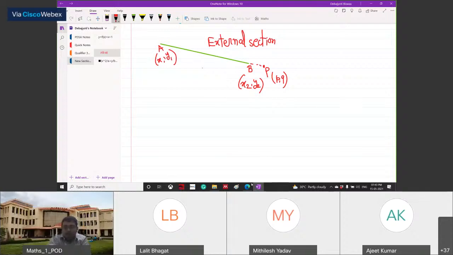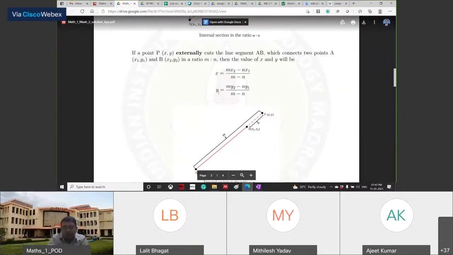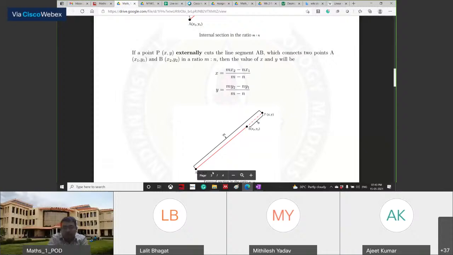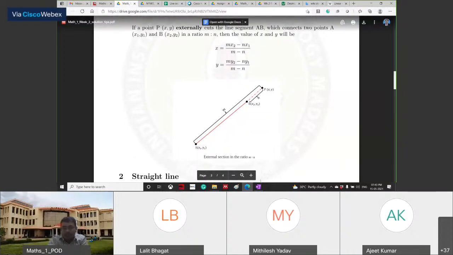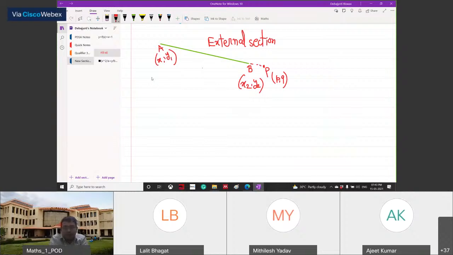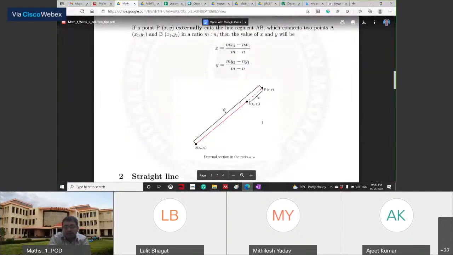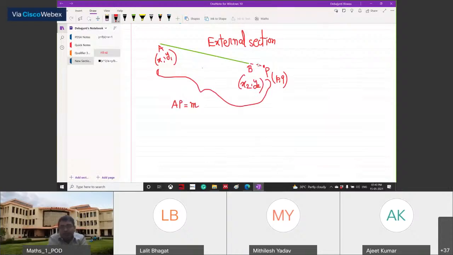So what happens there? There we have a different formula. So if one portion is m and another portion is n, suppose the distance AP equals m, and compared to that, the ratio PB is n.